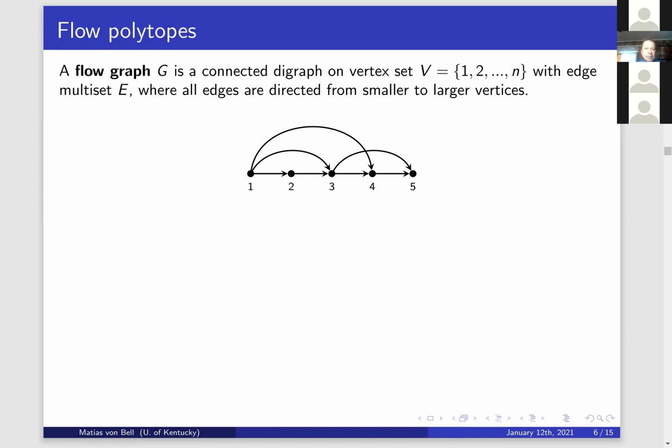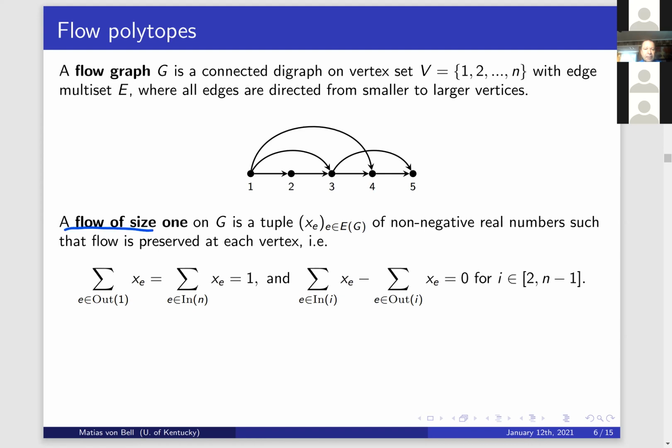But to define a flow polytope, you begin with a graph G, with vertices 1 through n, and all the edges in the graph are ordered from smaller vertices to larger vertices. And then you can define a flow of size 1 on this kind of graph to be a tuple associated with the edges of the graph, where the tuple is non-negative real numbers, so that flow is preserved in the graph.